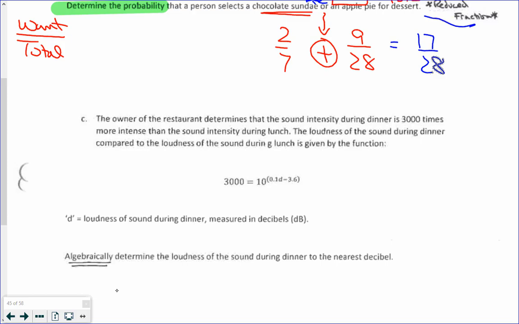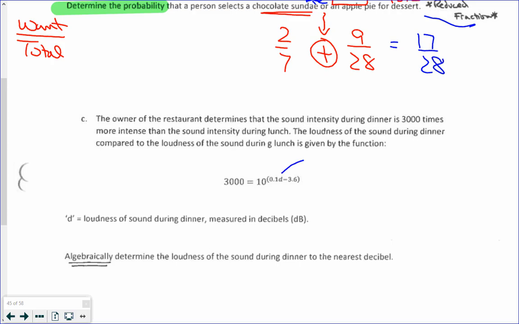The owner of the restaurant determines that the sound intensity during dinner is 3,000 times more intense than the sound intensity during lunch. The loudness of the sound during dinner compared to the loudness of the sound during lunch is given by that equation. Okay, stop and ask yourself, what unit are you in?